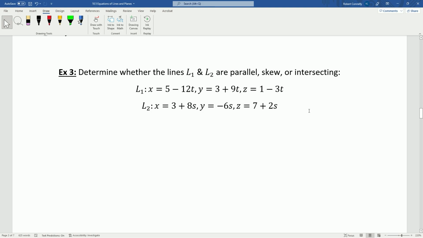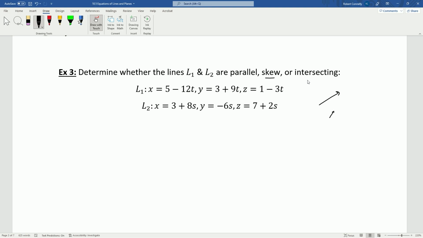So you might have one line going here, and one line going into the screen that way, and these two never intersect. So that would be skew. And intersecting would mean that you could find some point at which the 3 coordinates are the same.